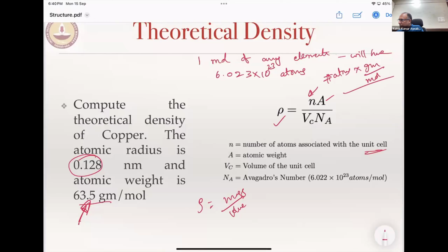You are looking at a unit cell, so you have to take the unit cell volume.